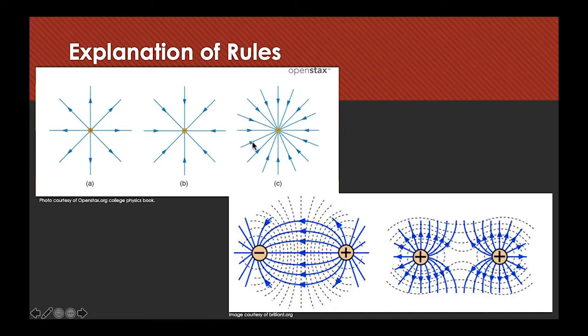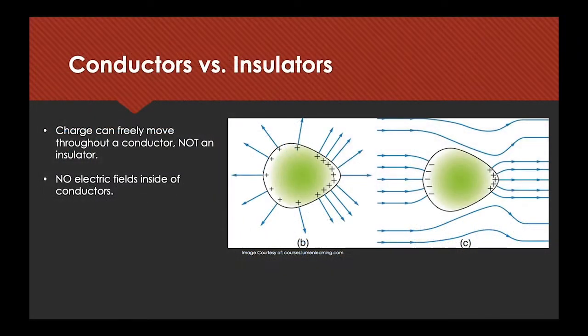You see here, this negatively charged particle would have a greater electric field, as opposed to this one that has fewer lines going into it. And you see the field lines go out from the positive into the negative. Later on we're going to see how two charged particles' electric field lines would be drawn and how those electric fields would interact.